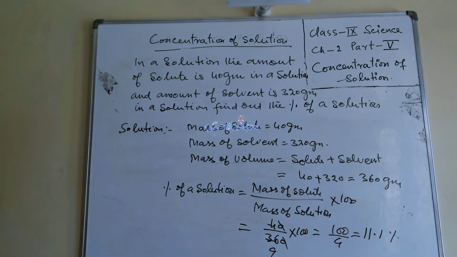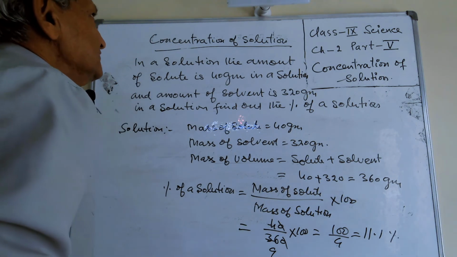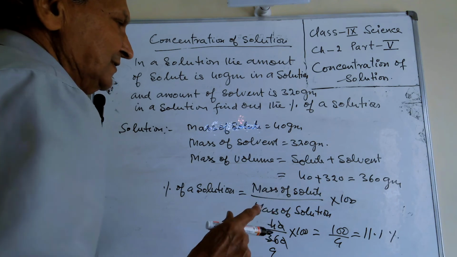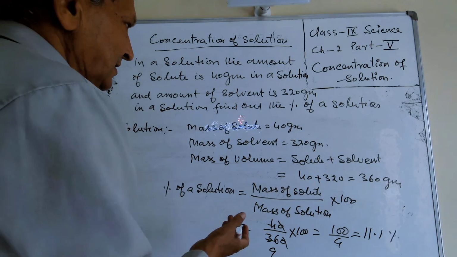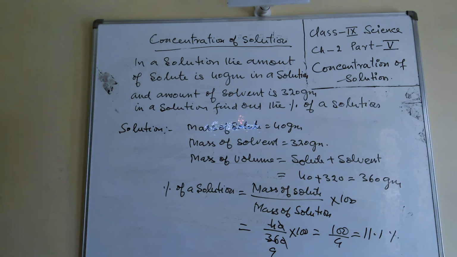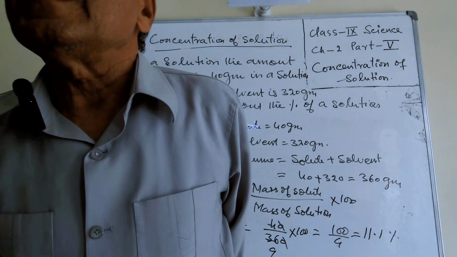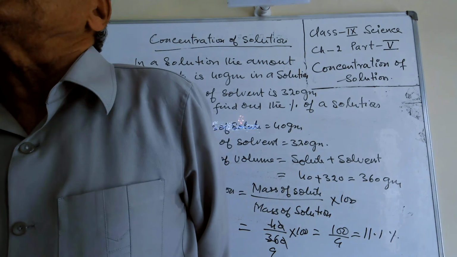This is the method. My dear students, this is the example of the concentration. How will you find out the concentration of a solution? There are three methods. In this example, the first method is applied, and you see how it is applied in this question. So you can take more questions from your textbook and apply one of these three methods. You will get the concentration of a solution.